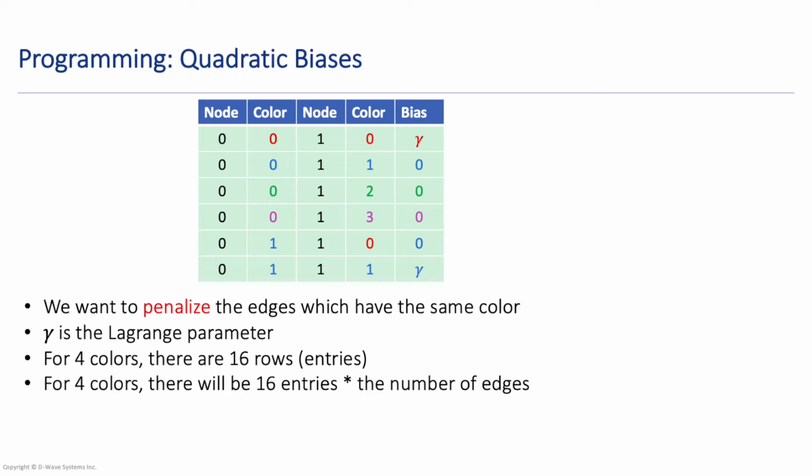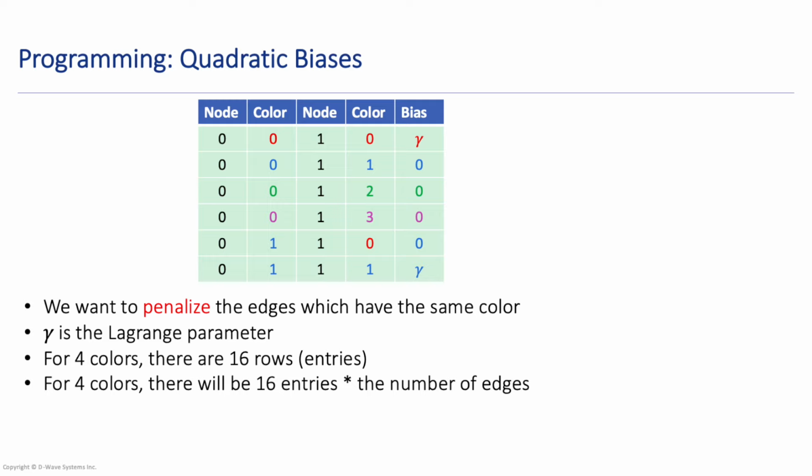But you also know that there's many edges in the graph. So there's going to be 16 times the number of edges in terms of labels, in terms of rows in this particular table to set the quadratic biases. But we can see that what this does is it's going to penalize the system. The DQM solver is going to penalize the pairs, the edges that have the same color.